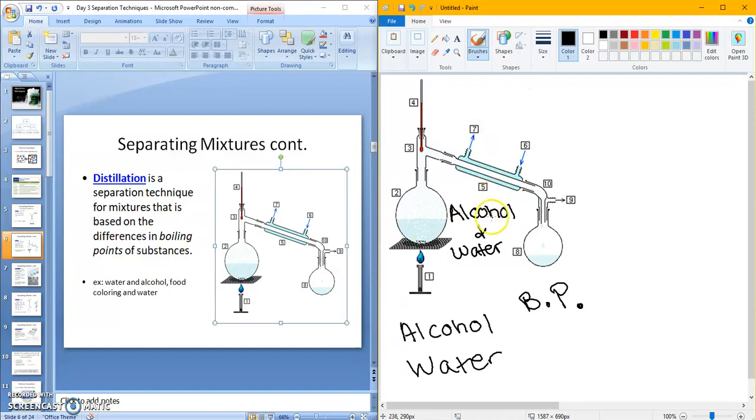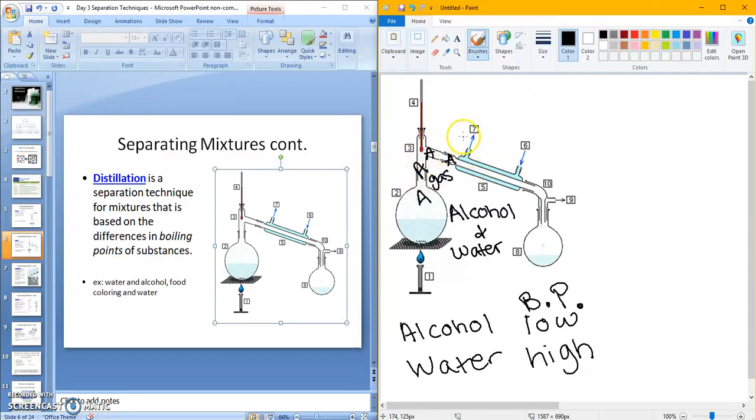But the thing that makes alcohol and water different, alcohol has a really low boiling point, and water has a really high boiling point. So when I heat this up, when I put this solution over a flame, the alcohol is going to start to rise up here, and then it comes down this tube, and it's in a gas form. Okay, so it's evaporated, and now it's rising up.